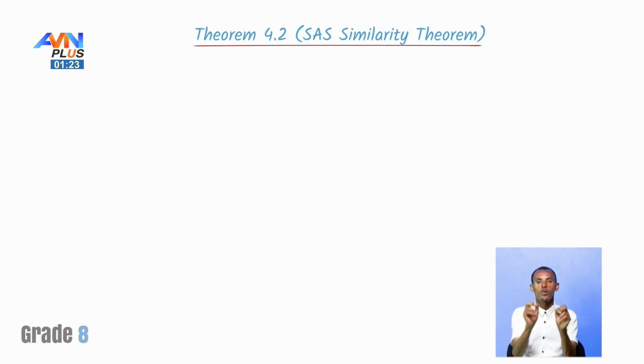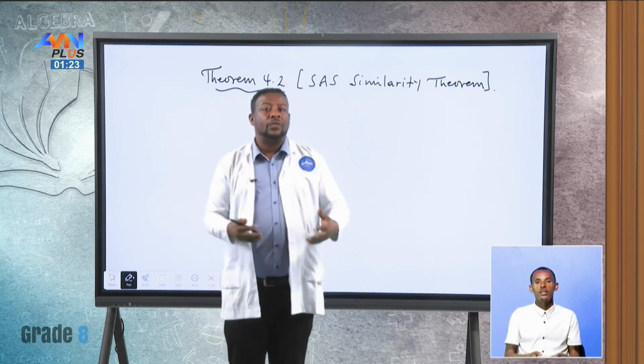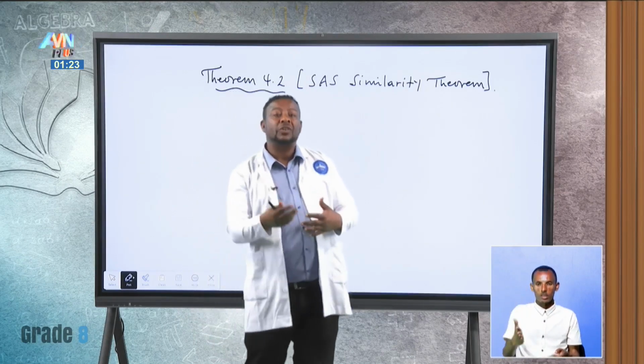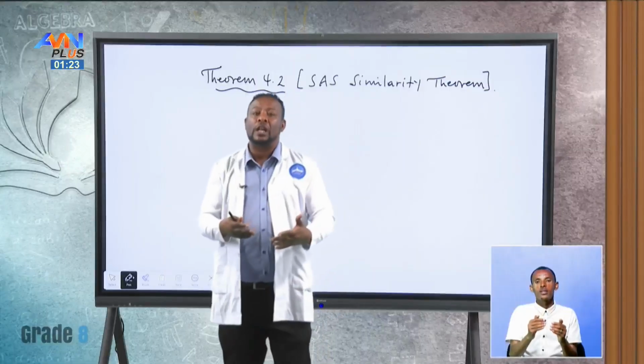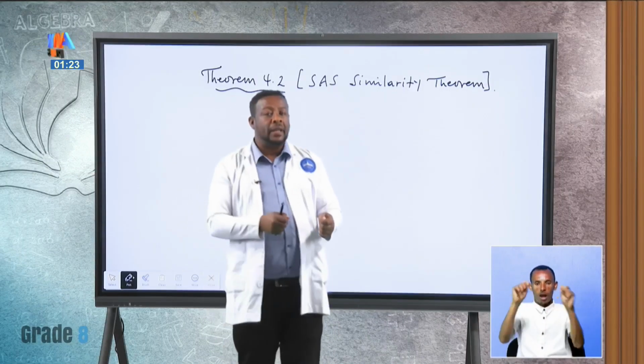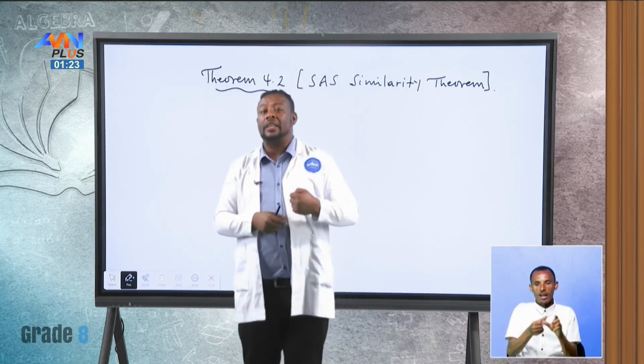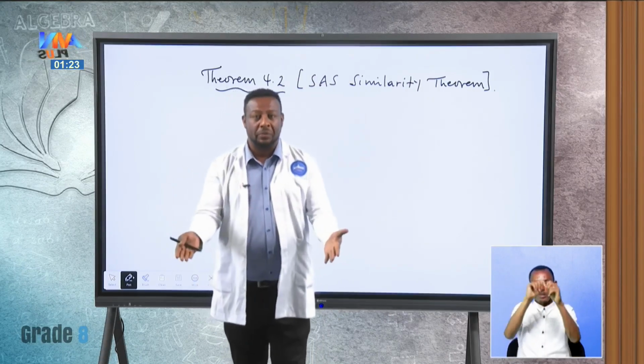Okay, so this theorem tells us if two sides of one triangle are proportional to two sides of the other triangle, and if the included angle in both triangles are congruent, then the two triangles are similar, right?